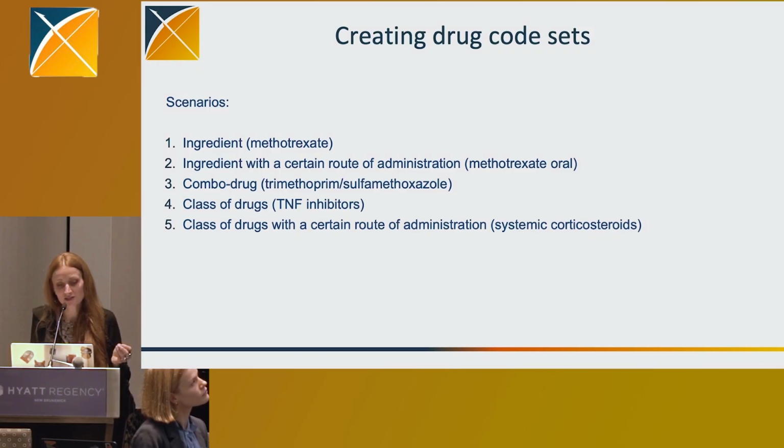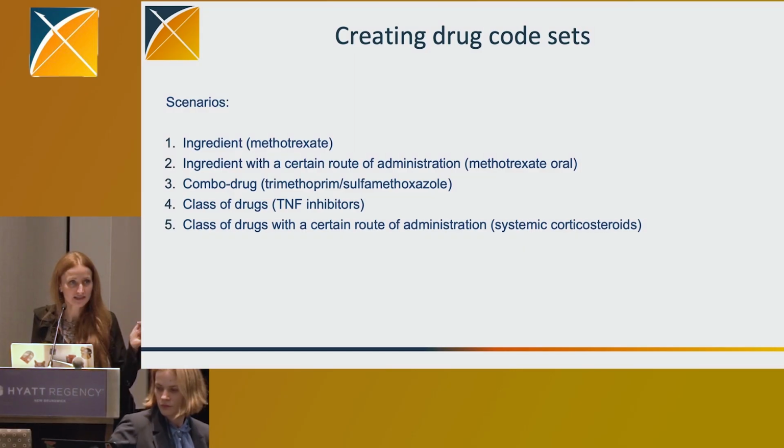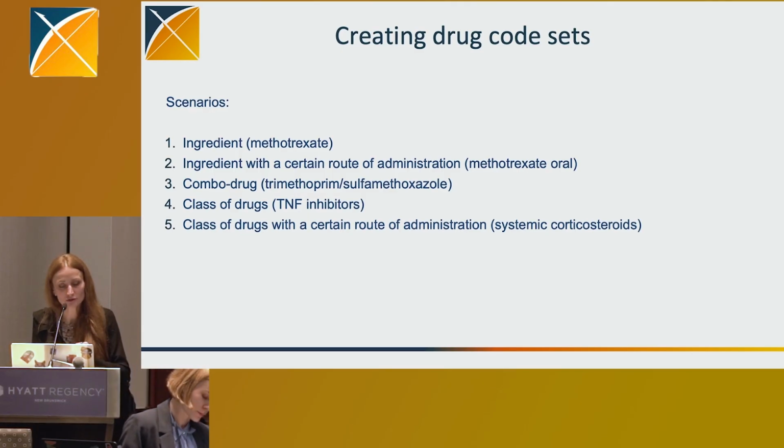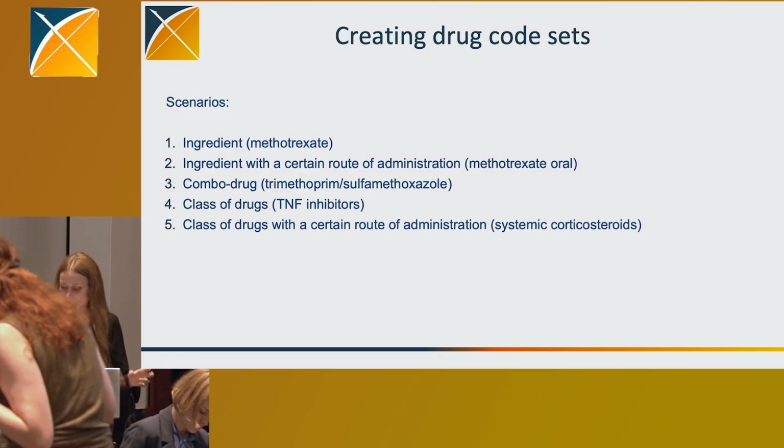Then the next scenario, class of drugs. Here we will be using ATC because ATC gives us groups of drugs. Tumor necrosis factor inhibitors will be there. And the last one, class of drugs with a certain route of administration. It will also be ATC, but with a route of administration, like systemic corticosteroids.